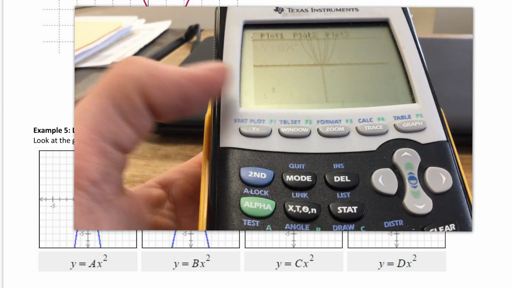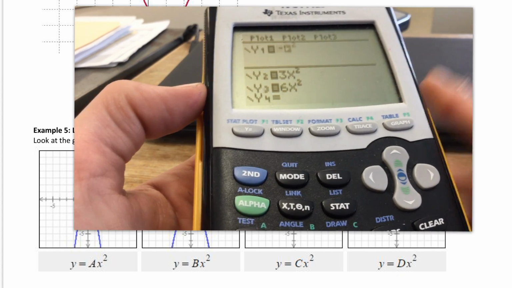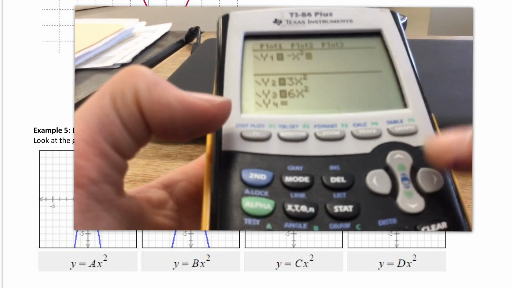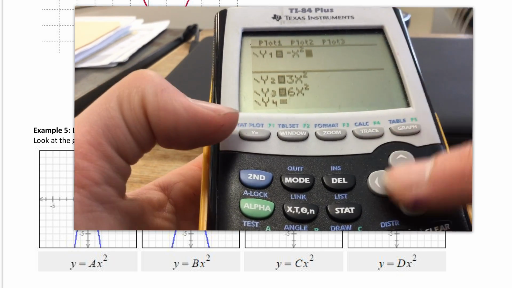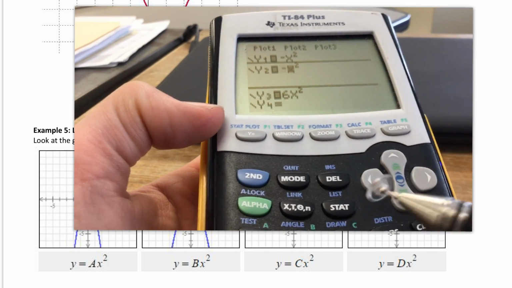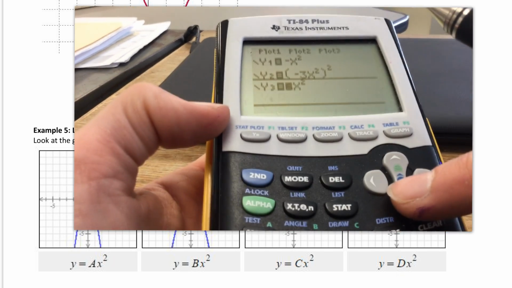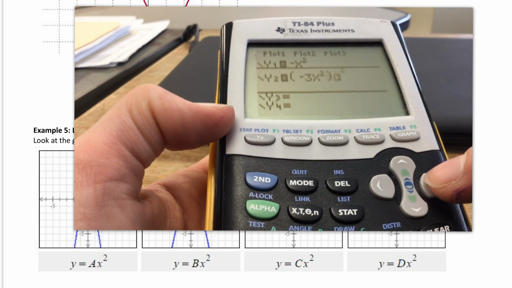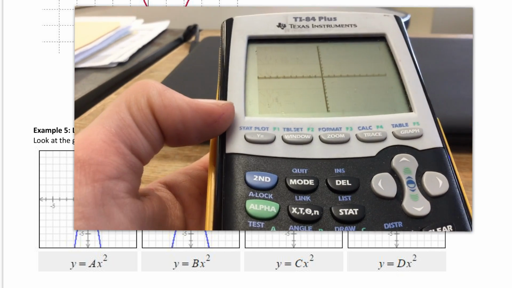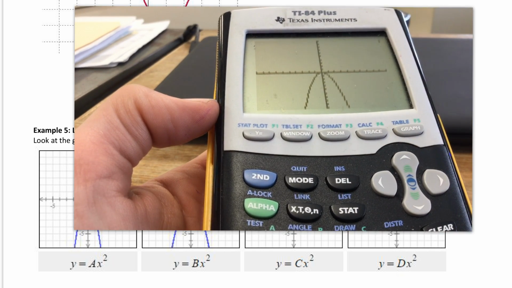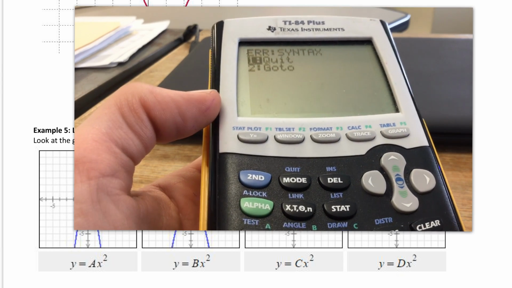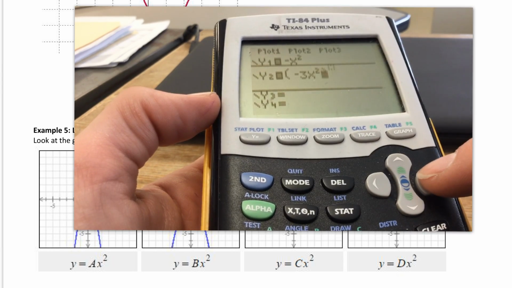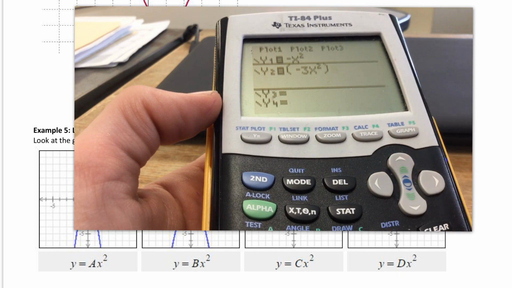Now if I put a negative on there, the same thing's going to happen, but just in a negative way. It's just going to be opening down instead of opening up. So if I throw in a negative 3x squared here, let's go back and fix this, and delete that.